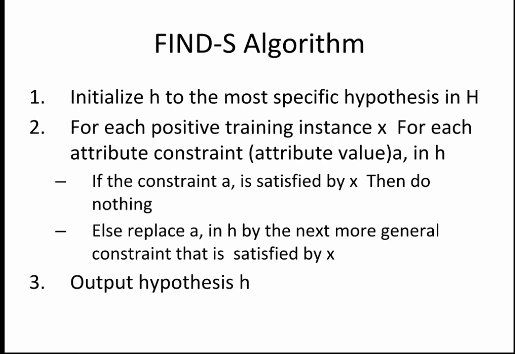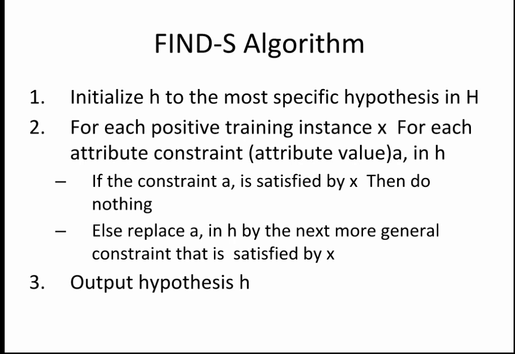First, you would initialize it to the most specific hypothesis, that is, it could start with 0 0 0, and for each positive training instance, whenever you encounter a value for a particular attribute, you will simply change it to the next more general constraint, the most general attribute value.